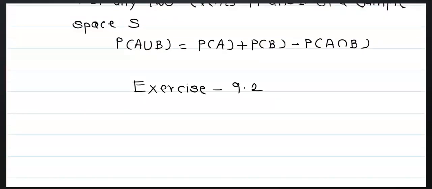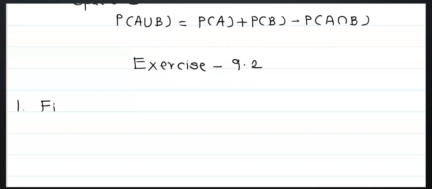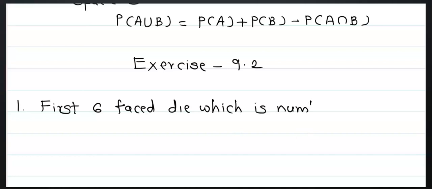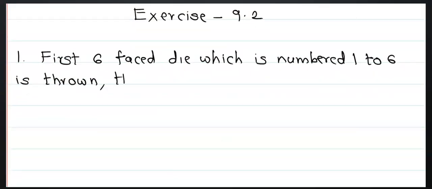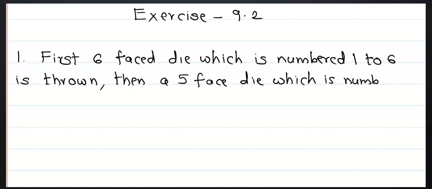Now we'll start exercise 9.2. The first problem is a very simple one. A 6-faced die numbered 1 to 6 is thrown, then a 5-faced die numbered 1 to 5 is thrown.